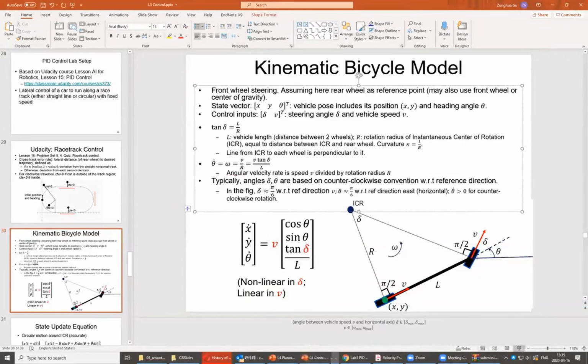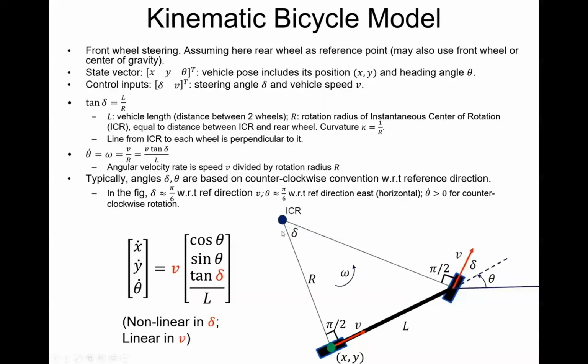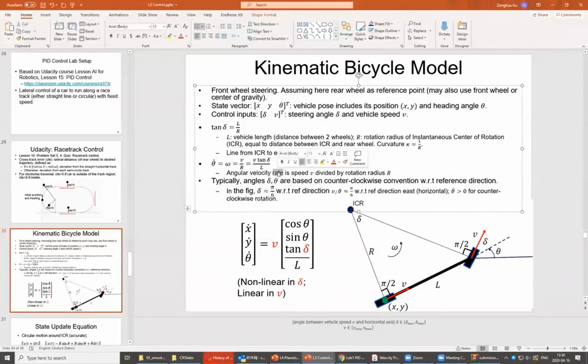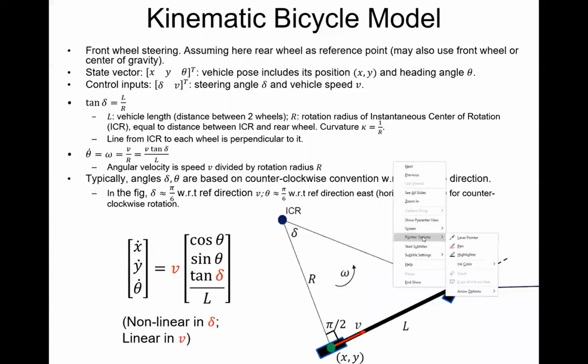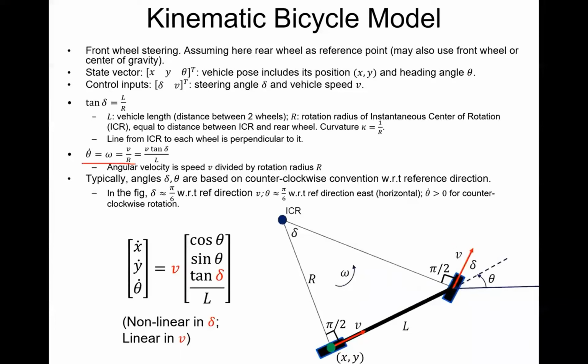So the vehicle has a speed in this direction, and then it's performing a rotational motion. So the rotational radius is r. Therefore, the angular velocity is the vehicle velocity divided by the rotation radius r. So that's pretty much the definition of angular velocity.